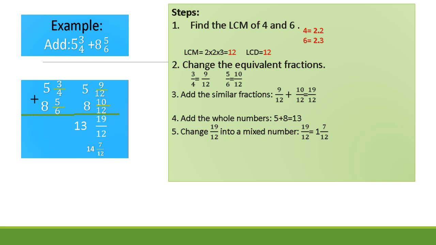The remainder is 7. So we use that as the numerator. The final answer is 1 and 7/12. Step 6. Add 1 and 7/12 and 13. The sum is 14 and 7/12.